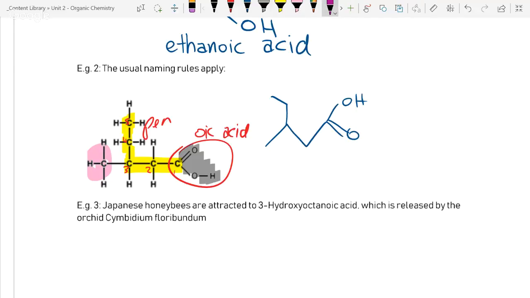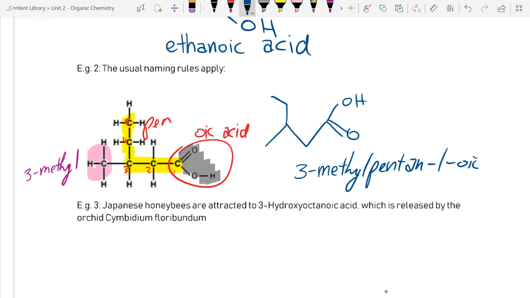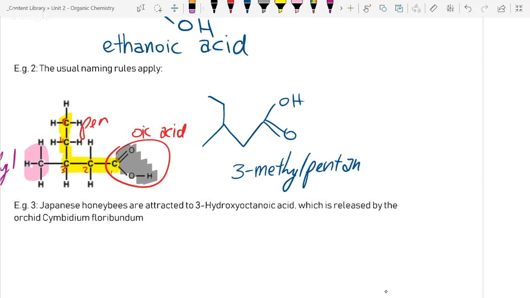Specifically a 3-methyl. Good. Again, am I going to call this 3-methylpentan-1-oic acid? Why not? It can only be on 1.